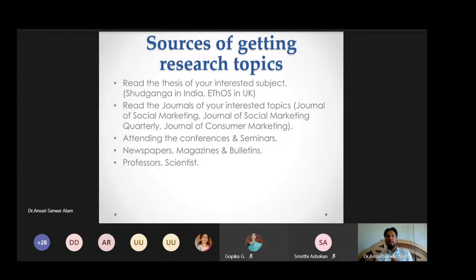I'm moving ahead. Now, sources of getting a research topic, from where you can get the research topic. So, read the thesis of your interested subject. Yes, my dear students and participants, first of all you should go with the research work which is already present with regards to your subject. Don't think that you are the first person who will be researching a particular subject.